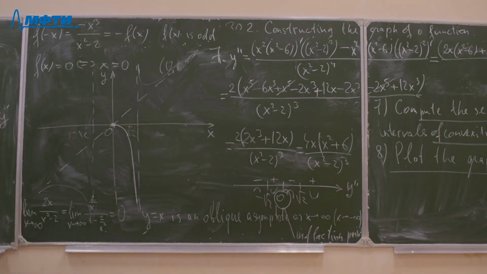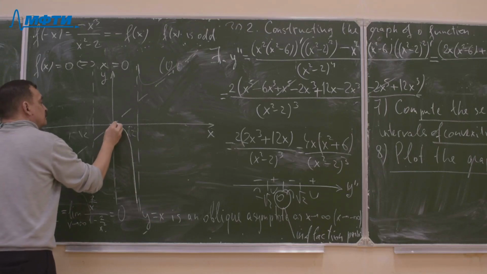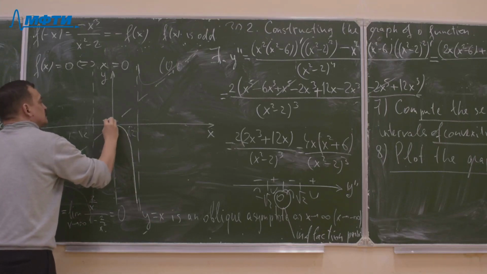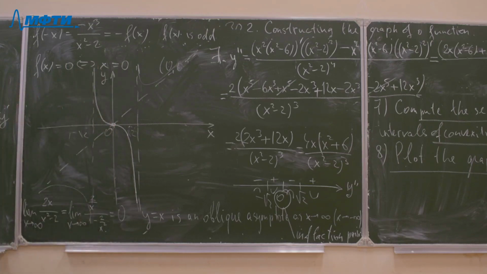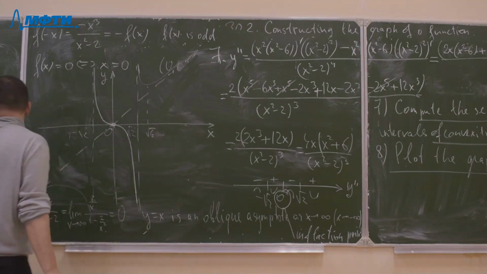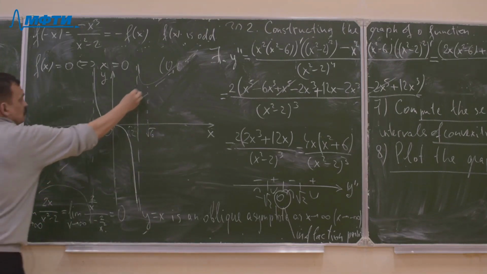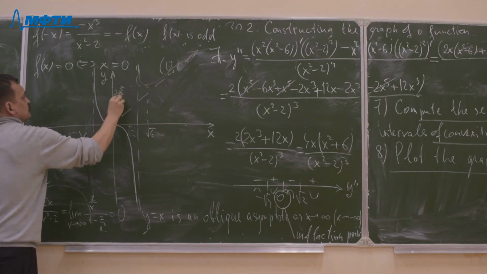Should be indicated. And this inflection point also has a horizontal tangent. That is about this part of the graph, and also that is square root of 6 and 3 square root of 6 over 2.